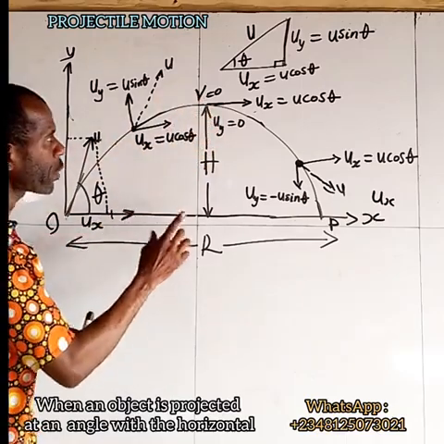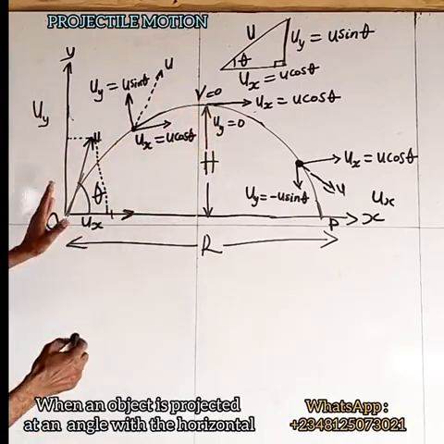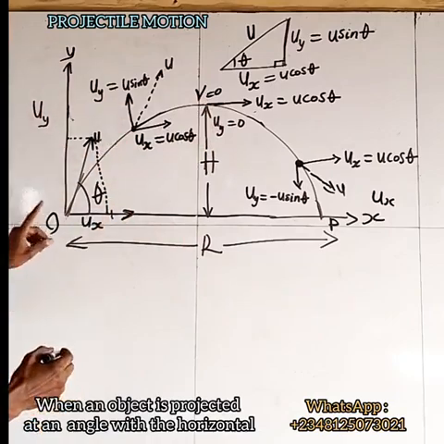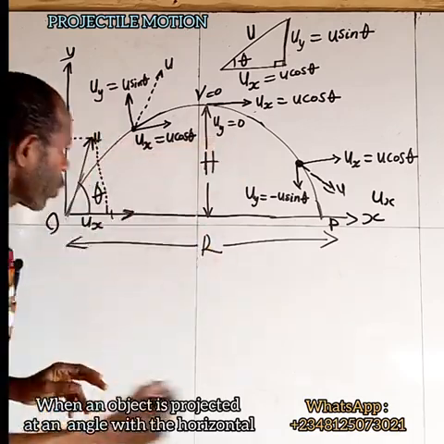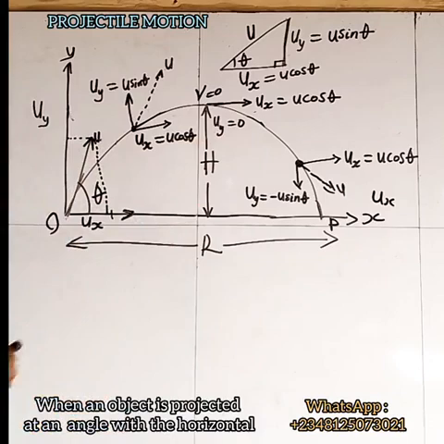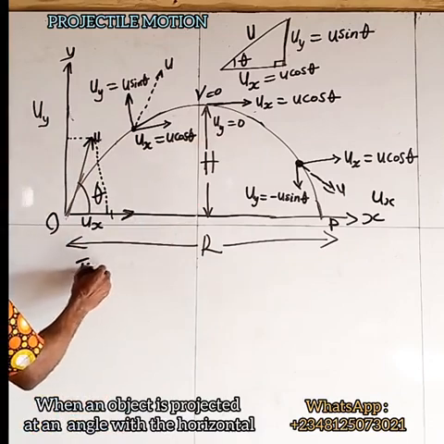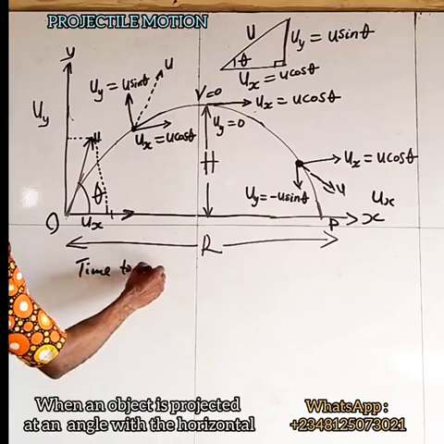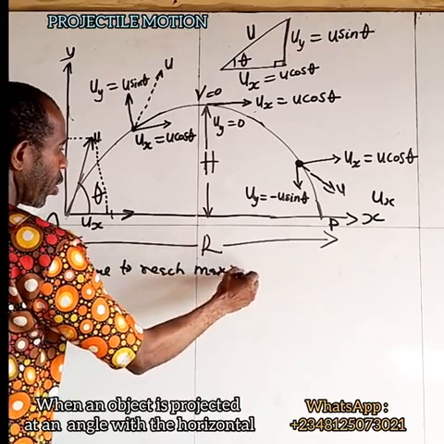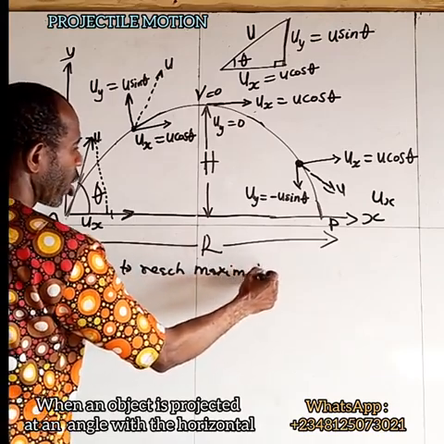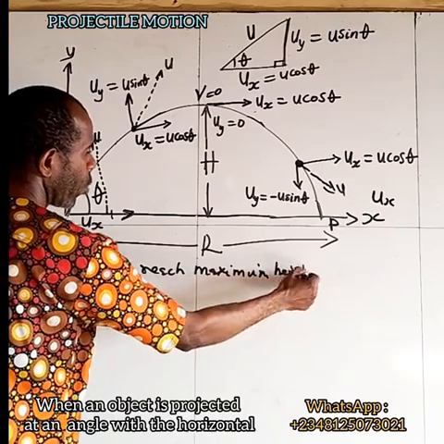So we are going to first of all consider the vertical motion before we can get the value for this time. Now let us look at the parameters we are going to look at. Time to reach maximum height. We need to know this one.